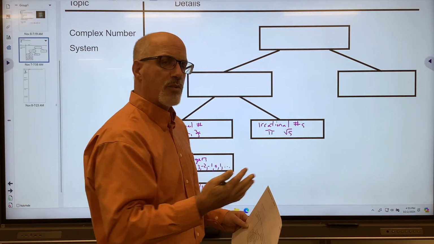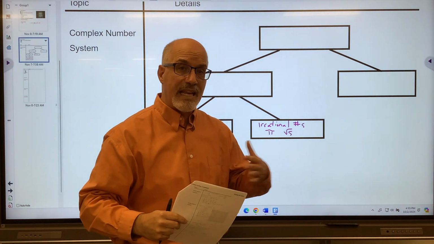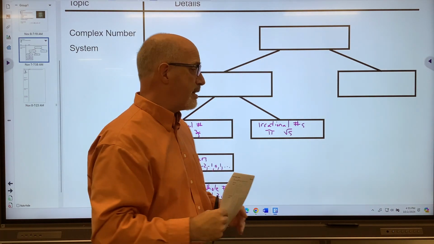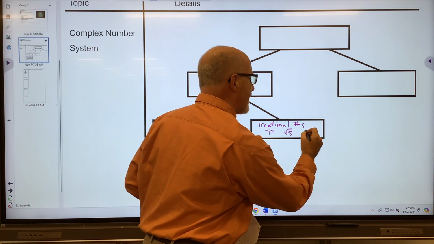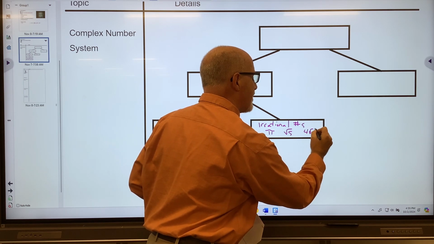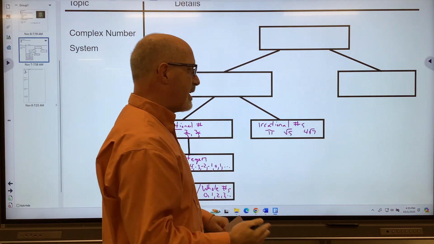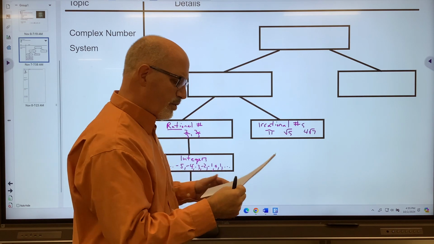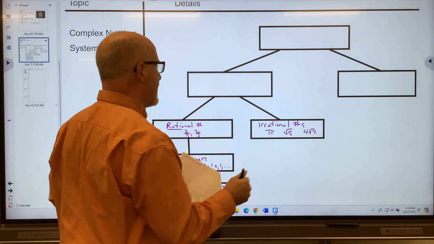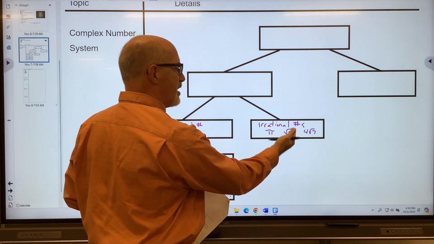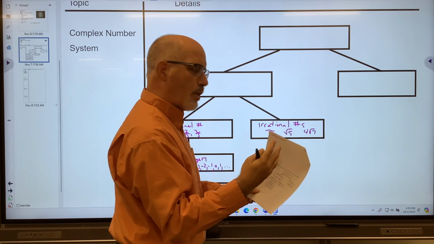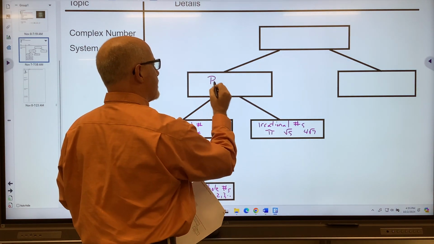That doesn't come out of the square root, and if you look at its decimal, it never ends and never repeats. So if we had 4 square roots of 7, for instance, never ends, never repeats. Those are irrational numbers. If we put rational numbers and irrational numbers together as one set, we call those real numbers.